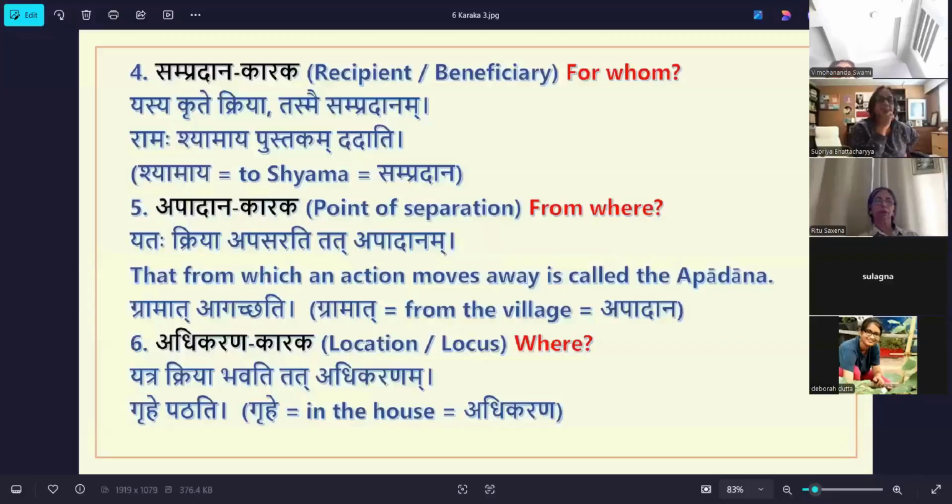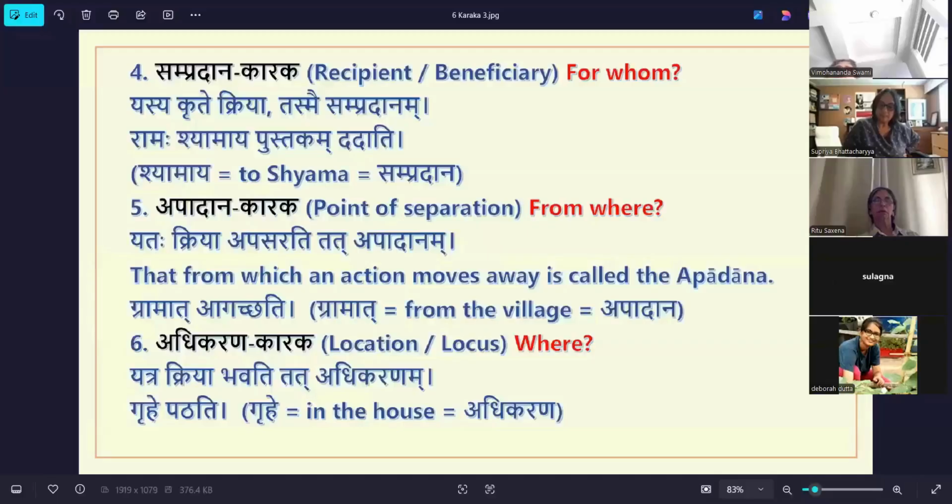Why is the sixth one not a karaka? Because it is not helping in action. Simple. It is just showing belonging. Ramasya pustakam, suppose you say. Means what? The pustaka belongs to Ram.